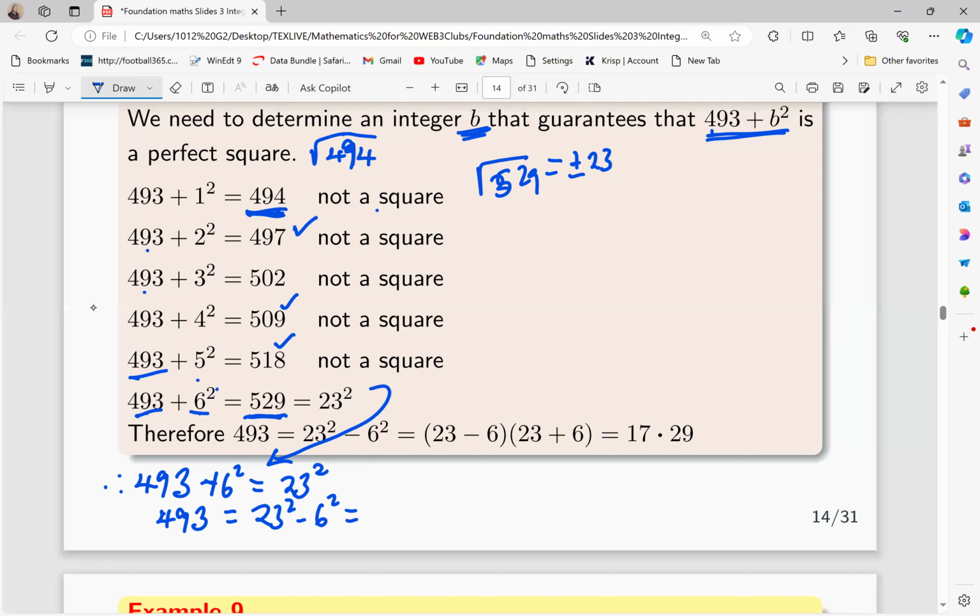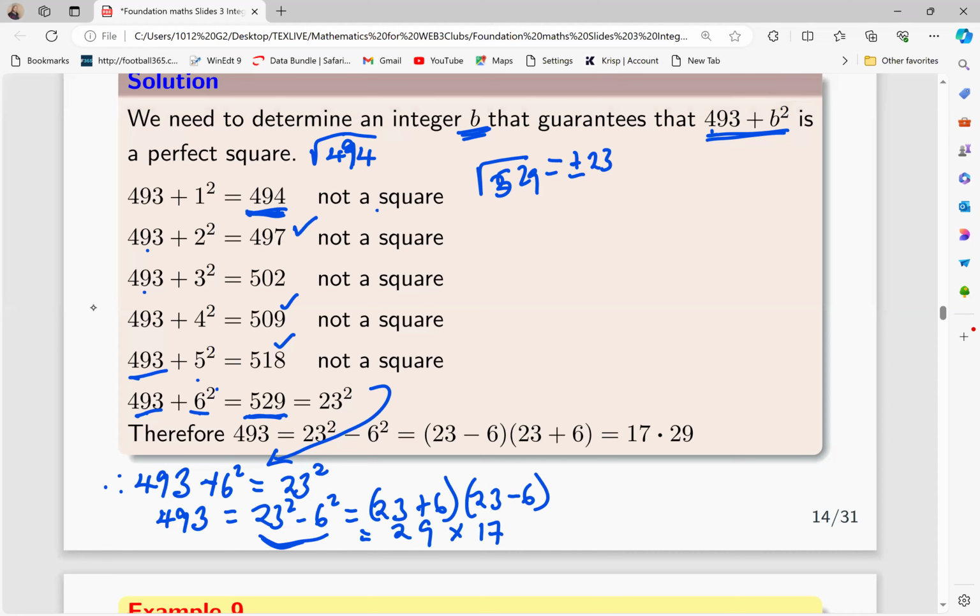And when you factorize this using our knowledge from high school, this will be 23 plus 6 multiplied by 23 minus 6, where the first bracket gives us 29 and the second bracket gives us 17. So the number we wanted to factor has been factored.